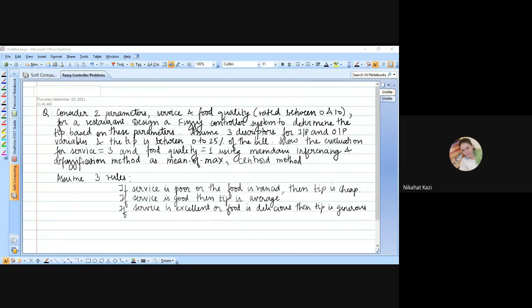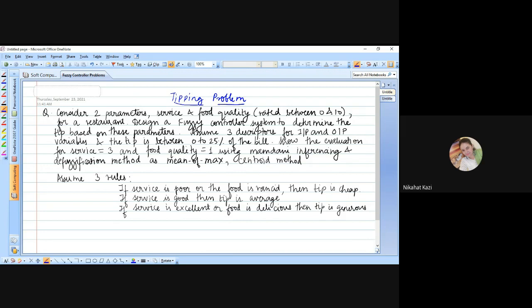It is called a tipping problem. Okay. This is called a tipping problem. Now this tipping problem is basically a scenario where your controller, or the fuzzy knowledge base system, is supposed to find the tip that is expected given these two parameters.